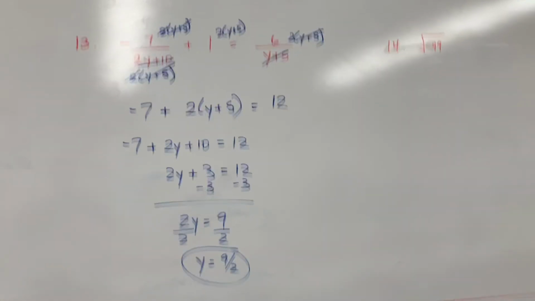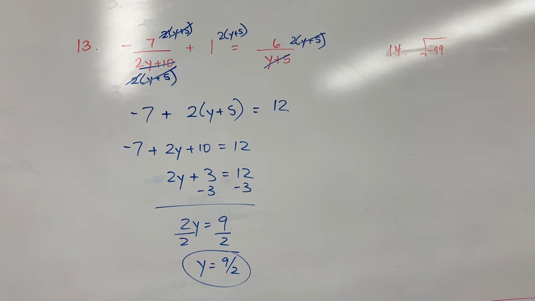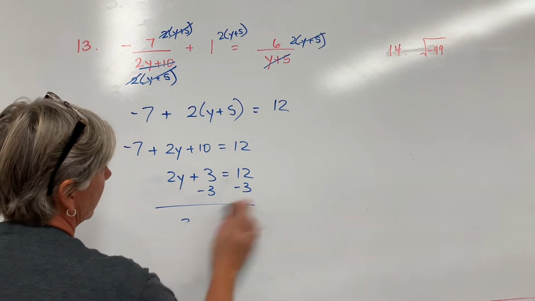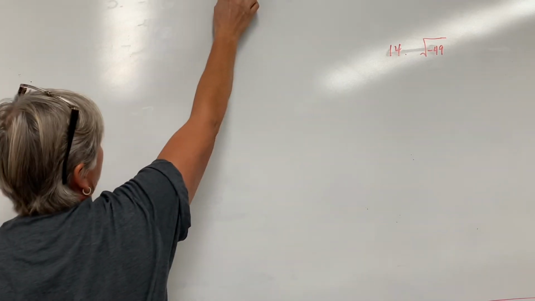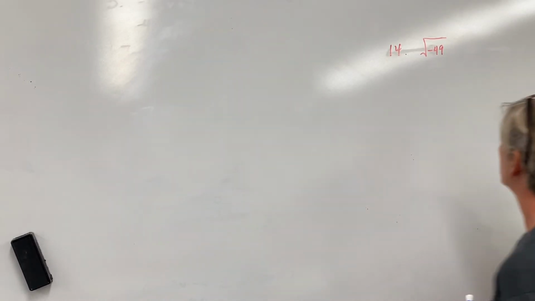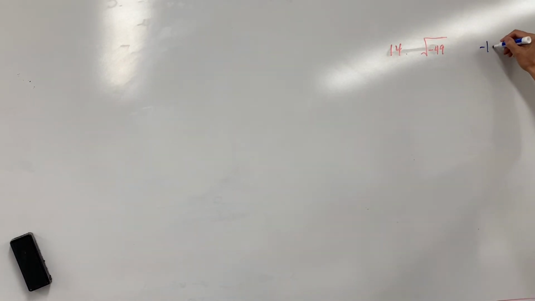Okay, let's move on to number 14. So 14 gives me the square root of a negative number, which we know we won't have any real answers, but they want us to use imaginary numbers to figure out what this would be. So negative 1 is the same as i squared, and that's an important fact to memorize, because that's how everything spins out in the whole imaginary number system.